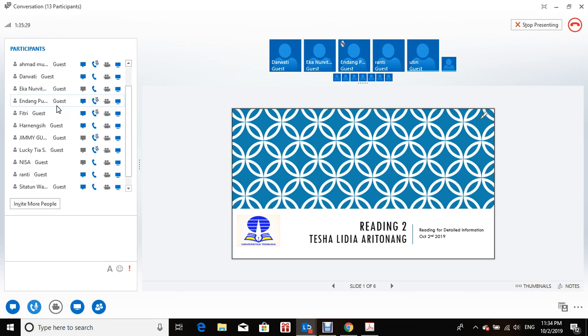Comparison. All right. So the most correct one is but atau and.